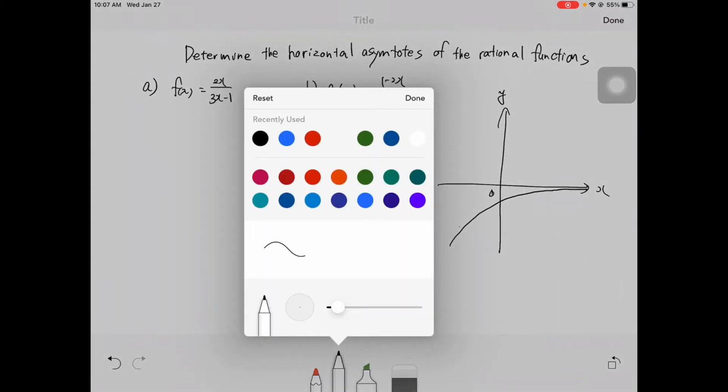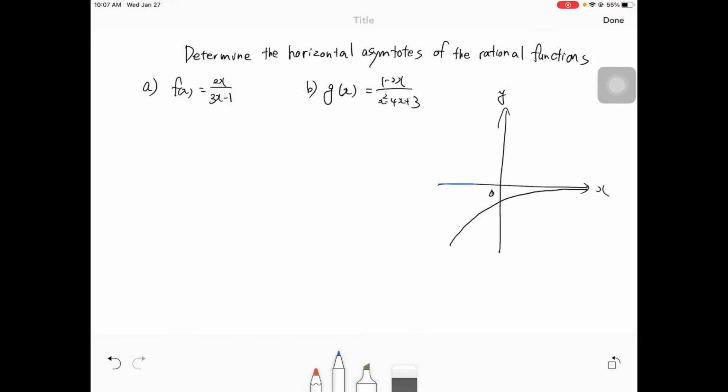In this case, the x-axis is the horizontal asymptote of this graph. So again, the definition of an asymptote is a horizontal line that a part of the graph gets very close to but never reaches. Okay, that's the asymptote.